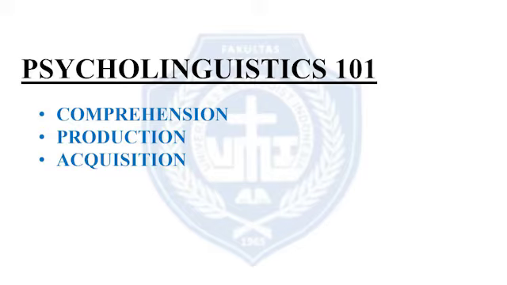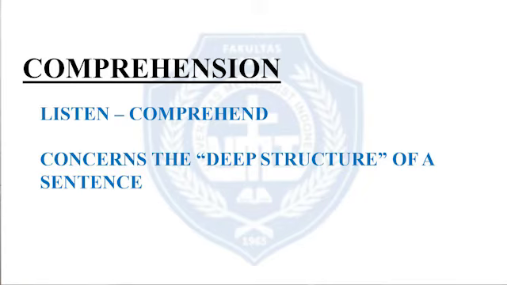And in psycholinguistics, we recognize what's called comprehension, production, and acquisition. Comprehension is the mental process in psycholinguistics that deals mainly with the process of listening and what's called the deep structure of a sentence. So imagine when I'm talking to you right now and you're listening to me in this video, deep inside there is actually a mental process happening that enables you to grasp what I'm talking about.